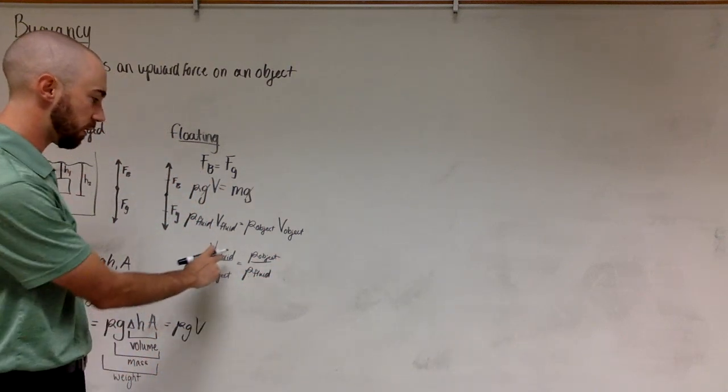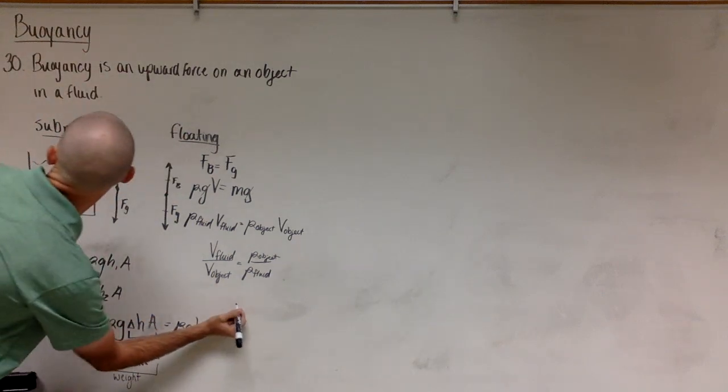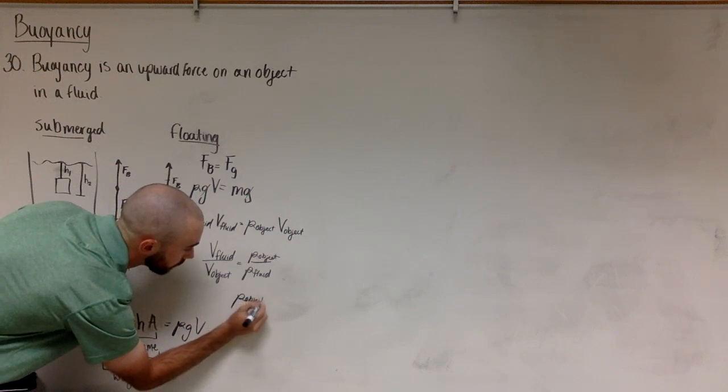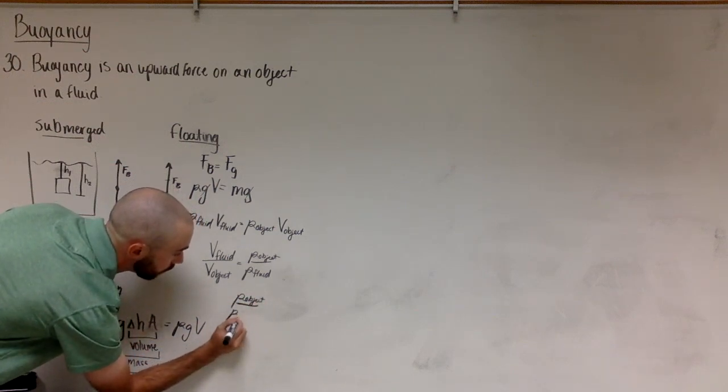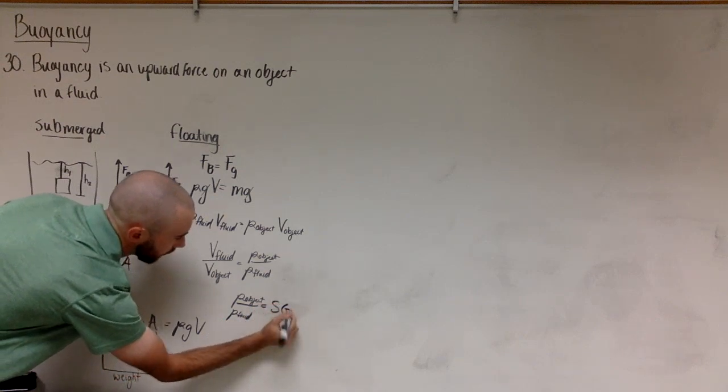And basically, if our fluid is water, it's showing us specific gravity. So in that case, rho object over rho fluid, which would be water, would equal our specific gravity.